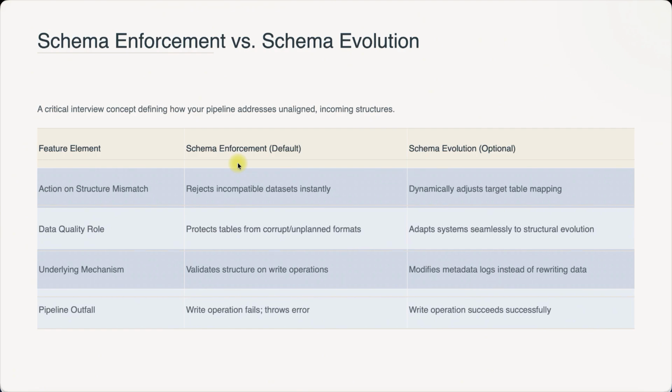If there is a mismatch with the existing schema, the write operation fails. This protects the data quality. And schema evolution adapts whenever new columns are detected and automatically updates the schema with the new column in the table. So the write operation always succeeds. One point to remember here: enforcement validates the data, and evolution adapts to the new columns. Both are important, but they serve different needs.